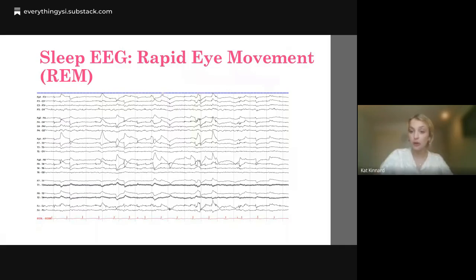Moving onward, the final stage of sleep to discuss is rapid eye movement, or REM sleep. And REM is fascinating. The brain becomes highly active, and the EEG resembles a wakeful EEG very much, but the body's skeletal muscles are almost entirely paralyzed.